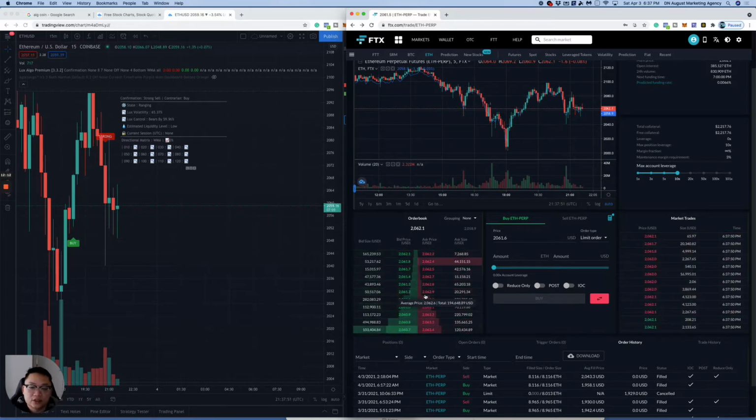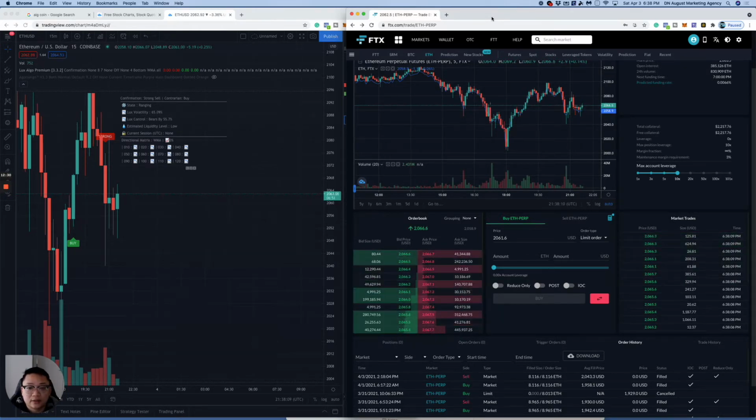So I'm just going to show you guys in the meantime the FTX exchange. It's an exchange where you can buy cryptocurrencies, Bitcoin, Ethereum, BNB token, Litecoin, etc. So many different coins. You can also buy stocks, tokenized stocks they're called. As of right now you can buy the Coinbase IPO before it's even available on the market.